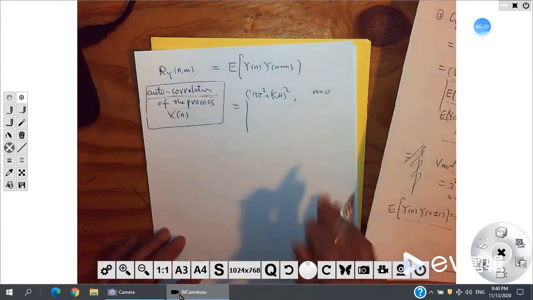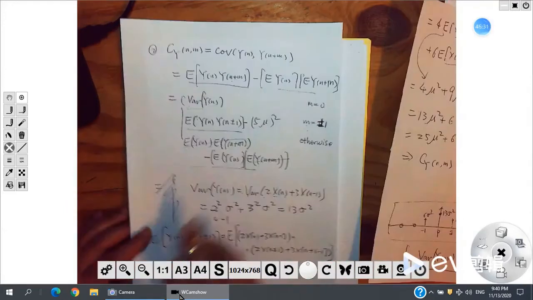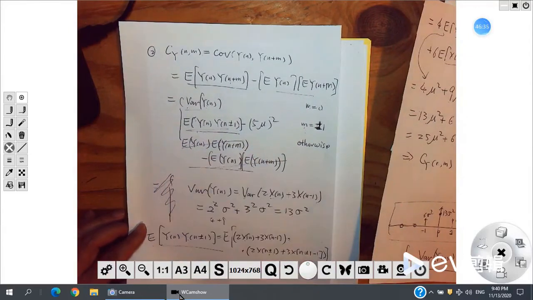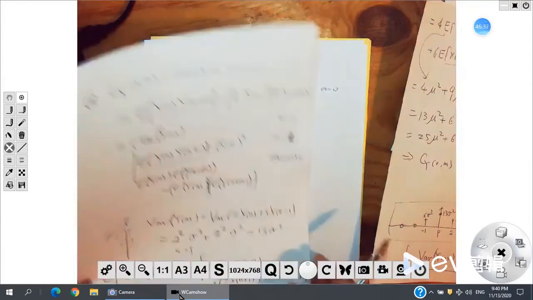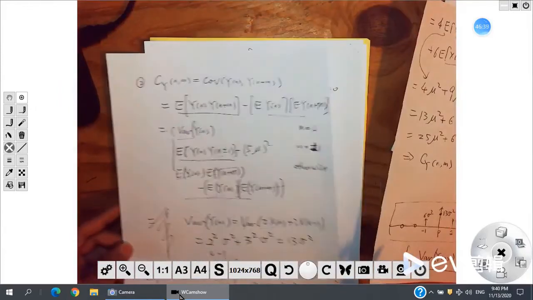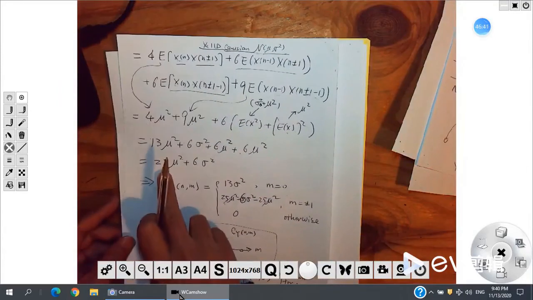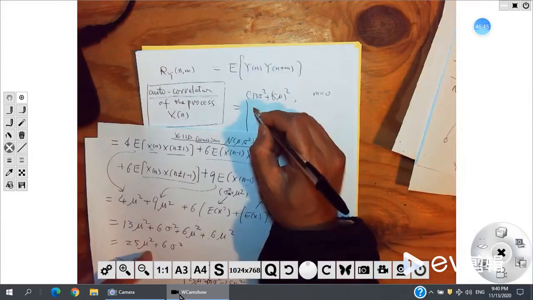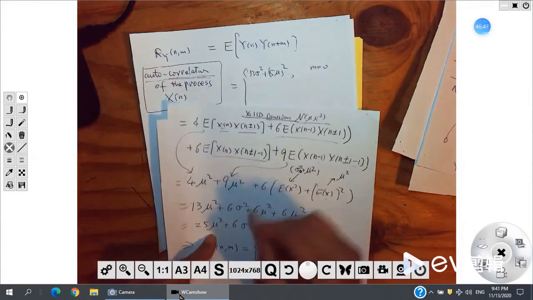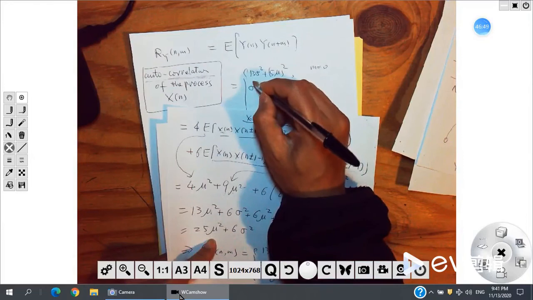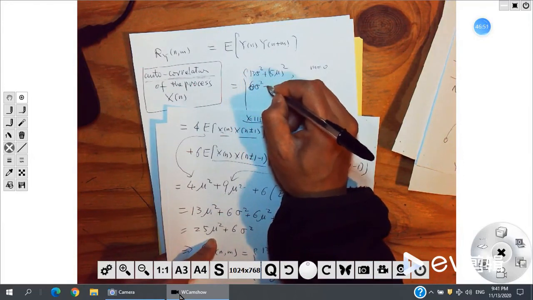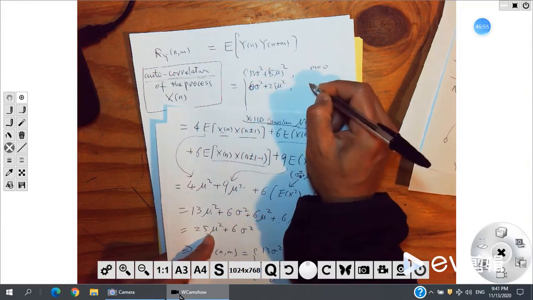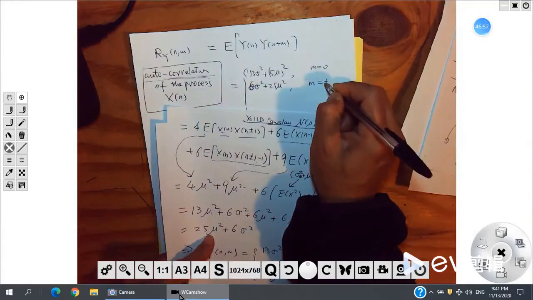Well, M equal to positive or negative 1. So this one, and we calculate, we get this. I put sigma square in front: 6 sigma square plus 25 mu square, if M is positive or negative 1.